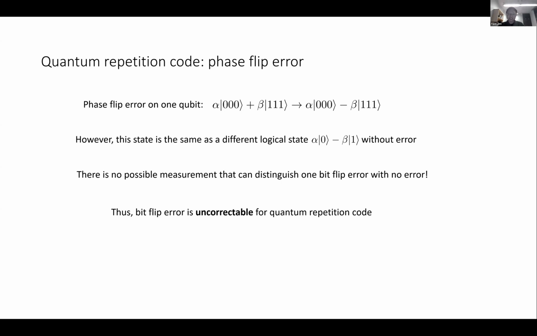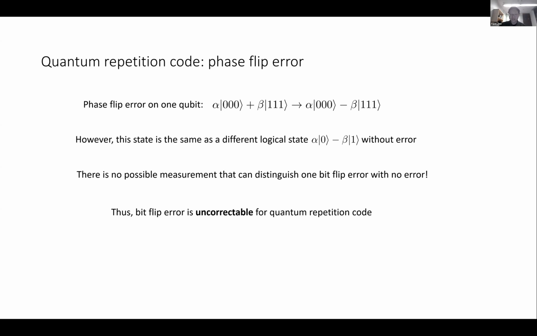Since the state is the same, there's no possible measurement that can distinguish one phase flip error from no error, because the state becomes the same after one error and after no error, but with another logical information. So thus we can conclude that the error is not correctable for the quantum repetition code.